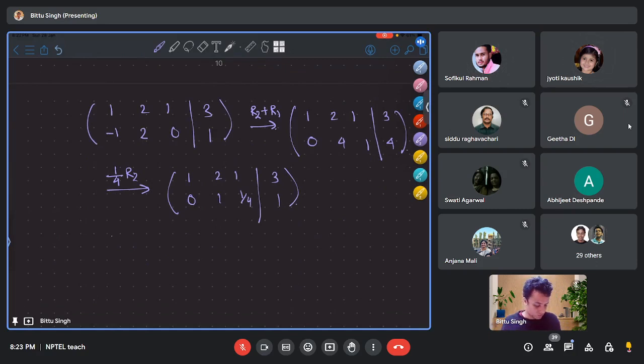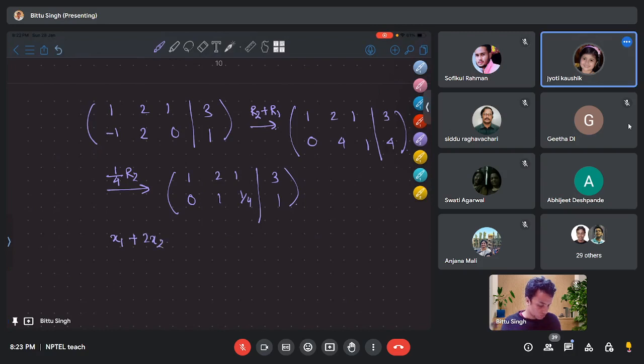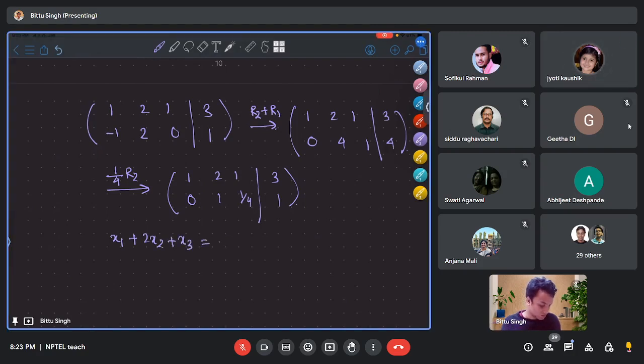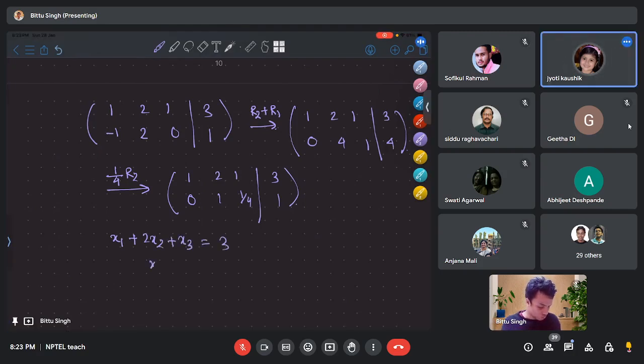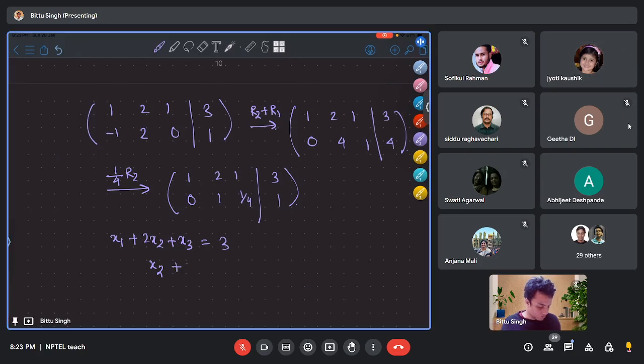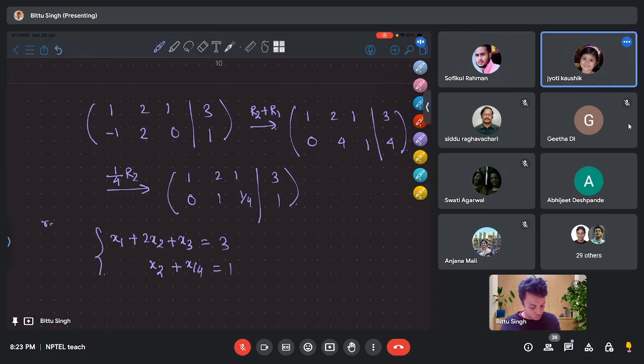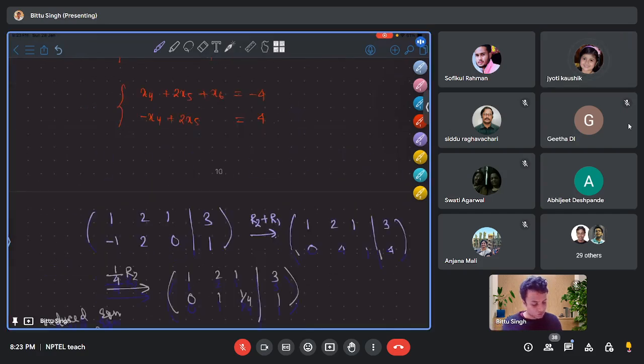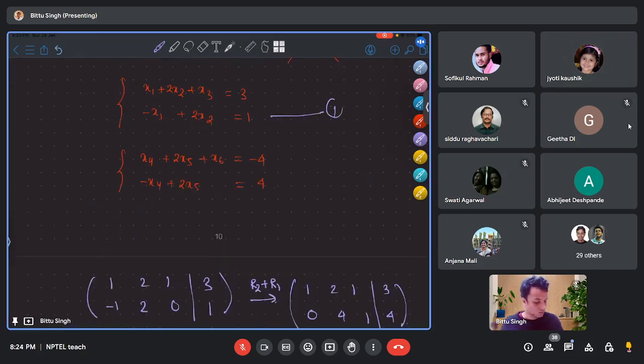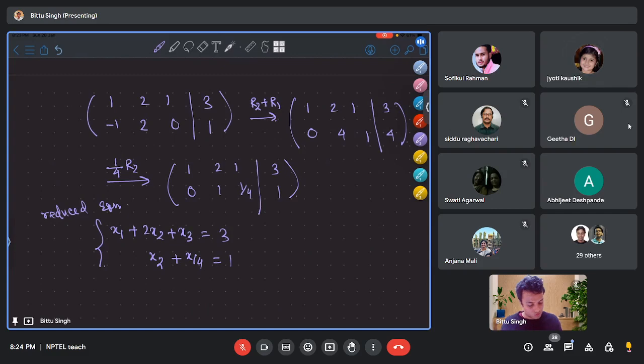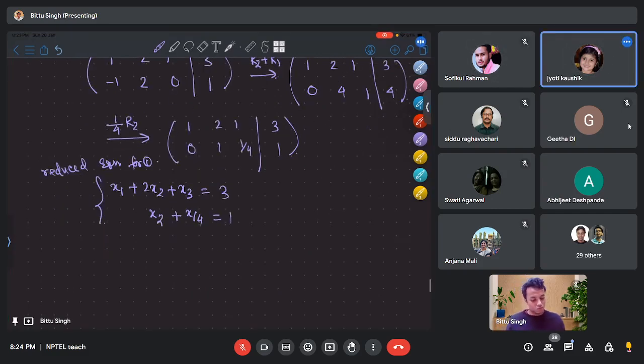Therefore, we again have two systems: x1 plus 2x2 plus x3 equals 3, and 4x2 plus x3 equals 4. This is the reduced equation corresponding to the first one.